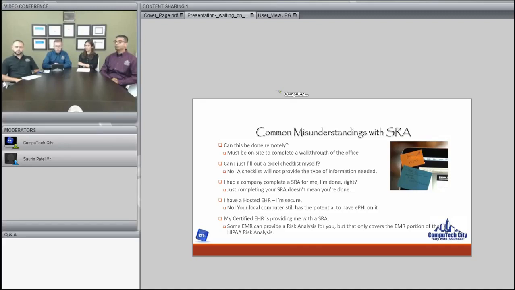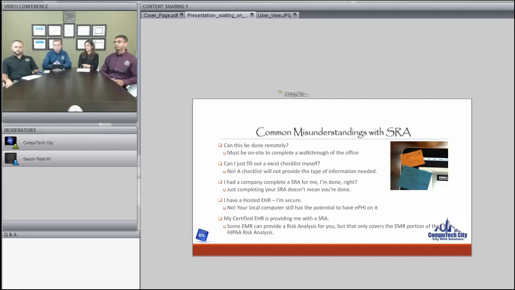Are there old computers sitting in your office in unused rooms or in the back office? If they still have a hard drive in them, they could potentially have ePHI still, and it becomes a liability. Same thing with portable hard drives or thumb drives. Are they used for patient information? If they are, they need to be encrypted.